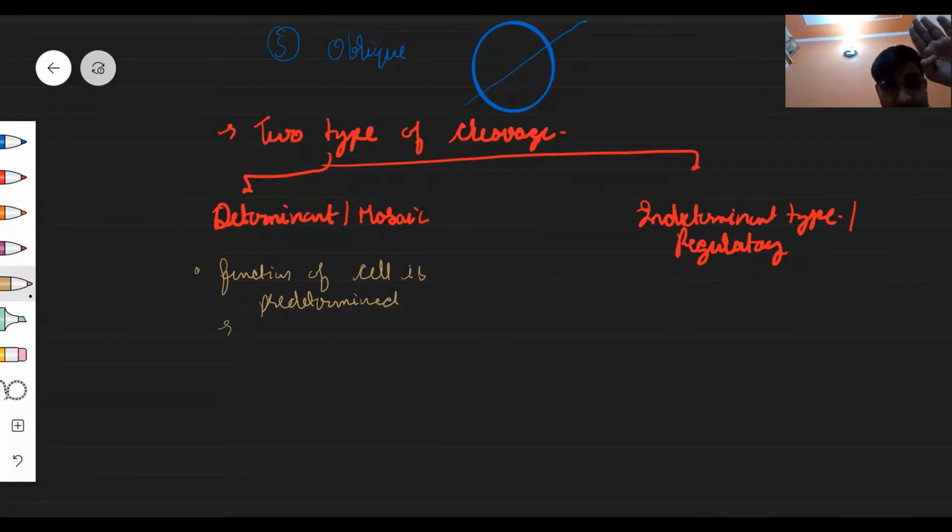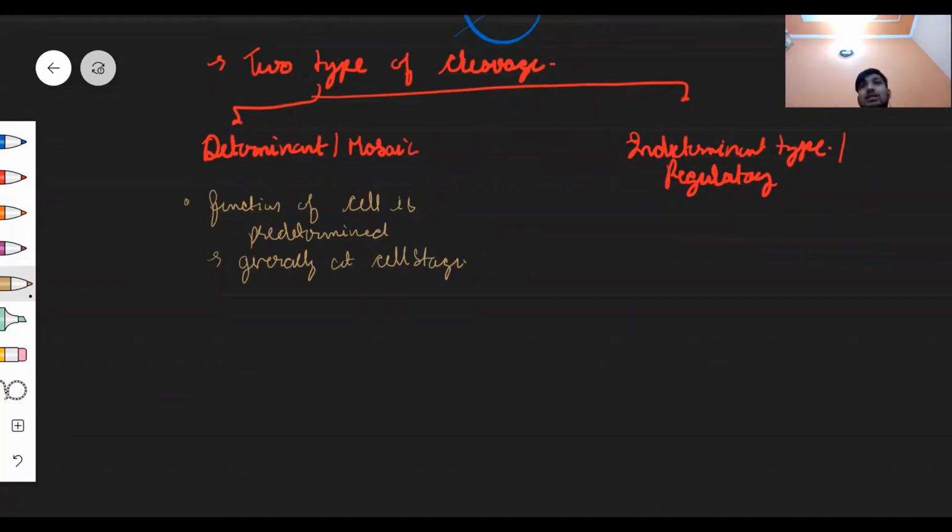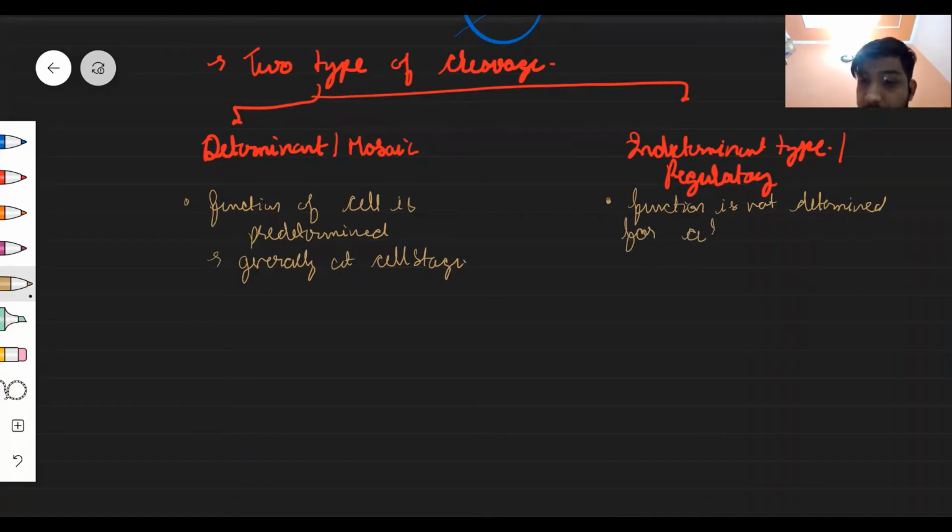At the four cell stage, the function of the cell is determined: that a particular cell is going to be a part of the digestive system, or excretory system, brain system, and like that. And in the other type, the function of the cell is not determined for a long time.